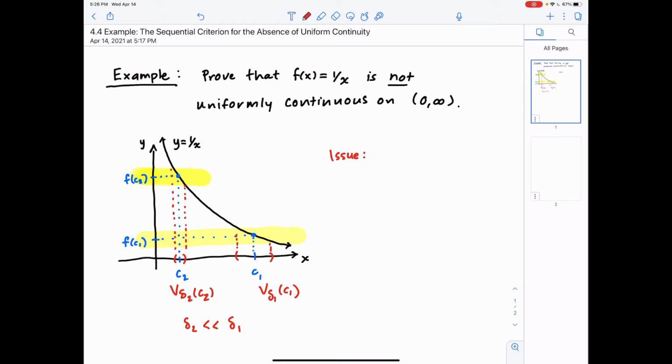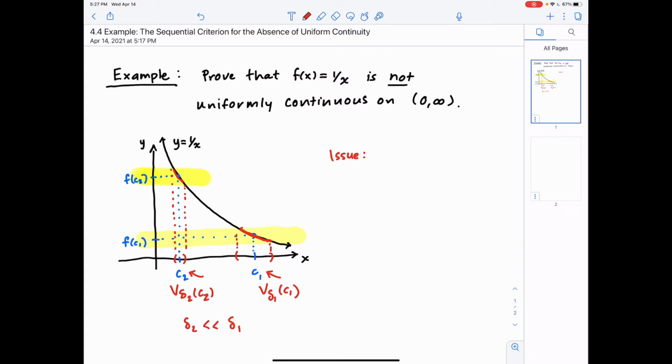What we notice is that if we're paying attention to this C1 value, we have a lot more wiggle room in terms of how far away we can walk from C1 and still guarantee that the piece of the function that sits above that neighborhood is going to stay inside the epsilon band. Whereas when I come over here to C2, notice that I can't walk very far if I want to guarantee my function is in there.